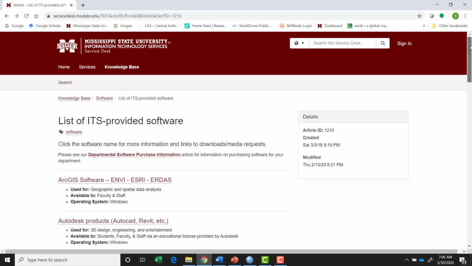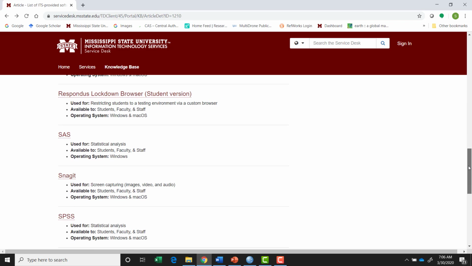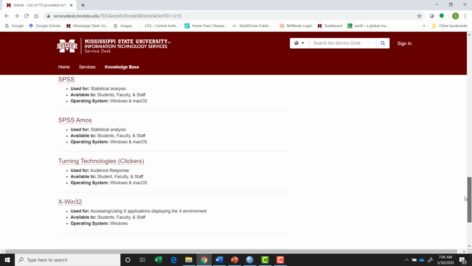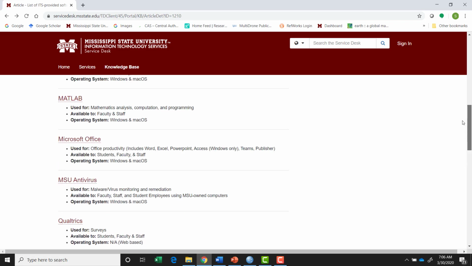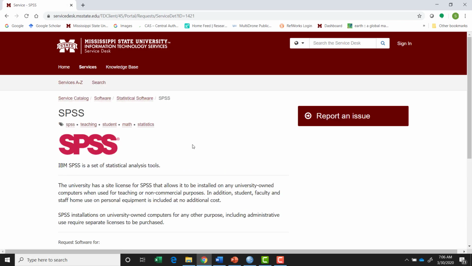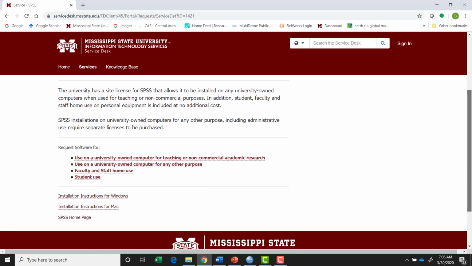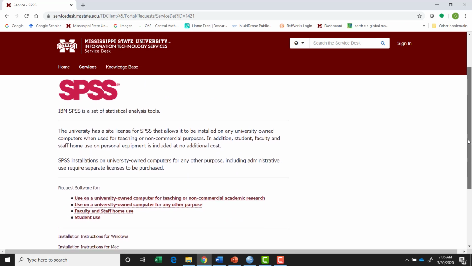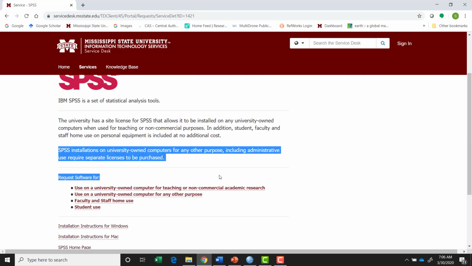If you can't find it, just type in Mississippi State software and you'll get this. And under this is all the software you can get from our university. And you can see here that we have IBM SPSS. So if you don't already have this installed, then you can get it. These are pretty comprehensive instructions.